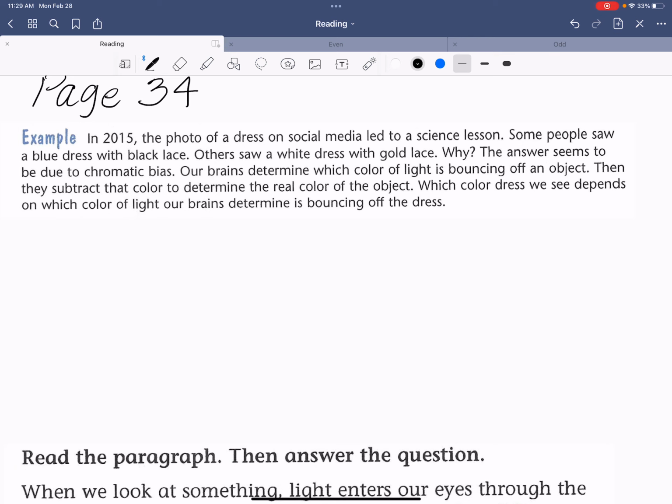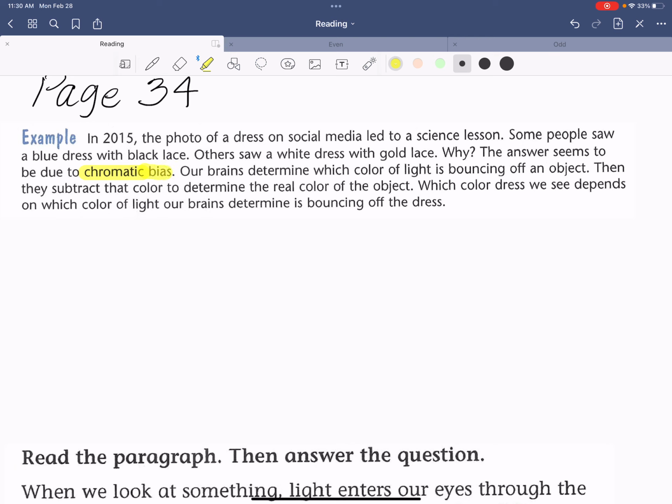So if I were to ask you to pick two words in this passage that you've never seen before, never heard before, I bet just about everybody would name chromatic as one of them. Chromatic is a very unusual word for everyday reading.